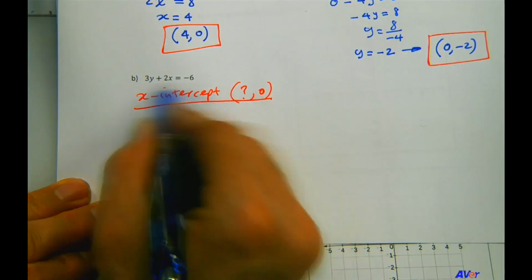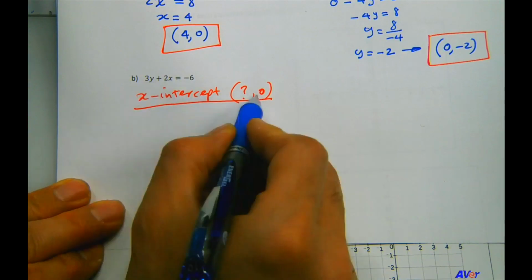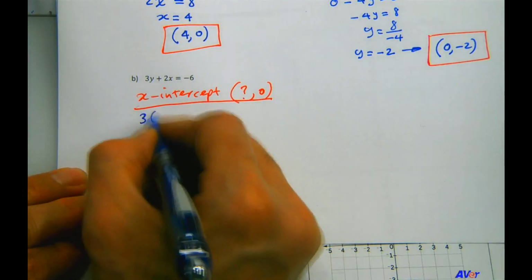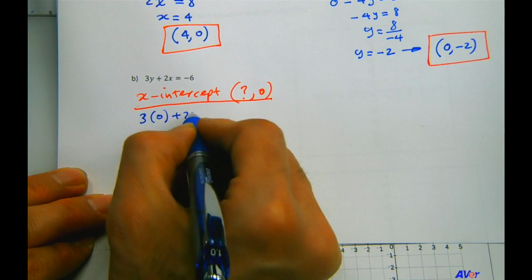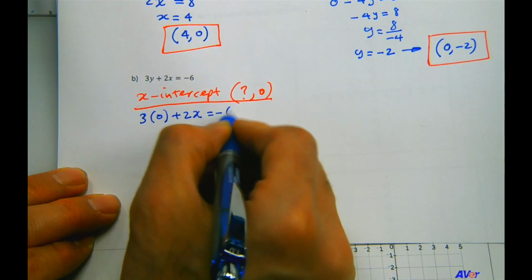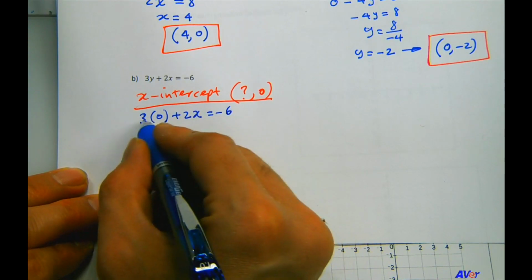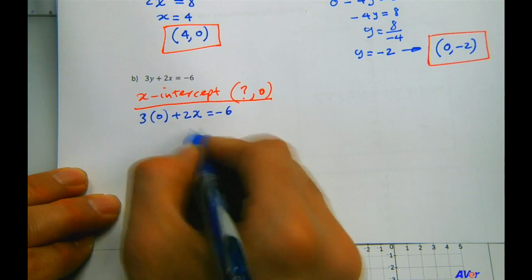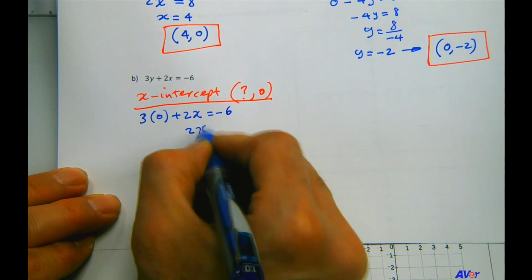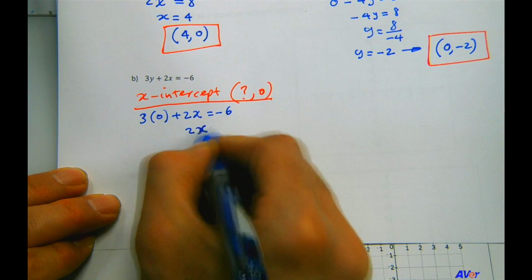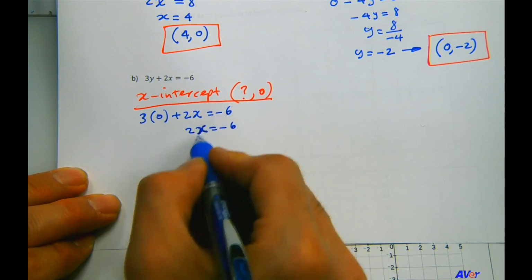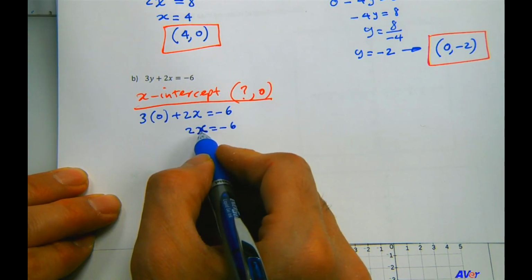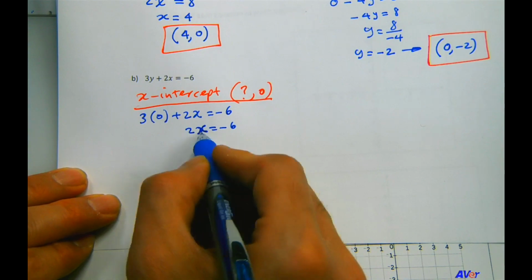So in this equation, we're going to substitute for y with 0. So 3 times 0 plus 2x equals minus 6. 3 times 0 is just 0, right? So we have 2x equals negative 6. We're solving for x, which means we need to isolate x. X is not isolated.